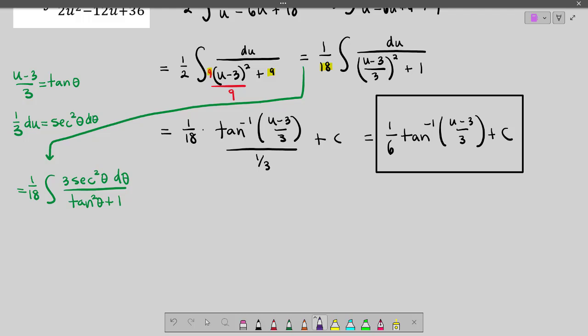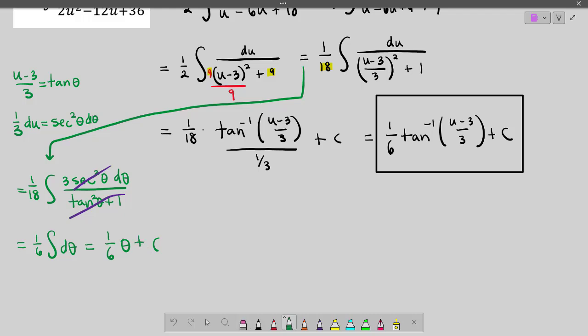And we have the same thing that we saw with the last example. The denominator is secant squared. Tan squared plus 1 is secant squared. So that and that cancel. So we end up with 1/6 integral of d theta. That gives us 1/6 theta plus c.